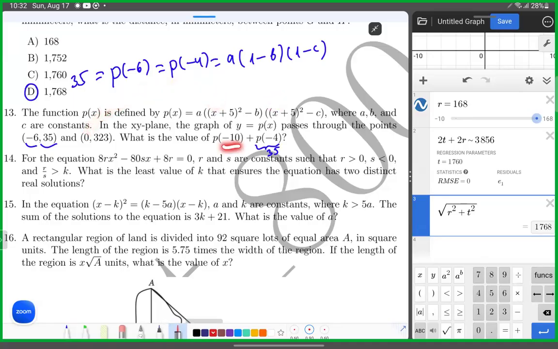When you plug in -10, you get -10 plus 5, but in square it still gives 5 squared. So P of 0 equals P of -10. Here it's 323. If you add them, you get 358.